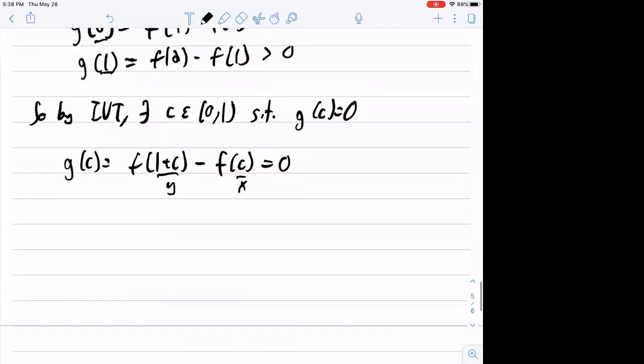Oh yeah, if f of 1 equals f of 0, then this is your x, this is your y. Yeah, right. But if they're equal, then you're also done.